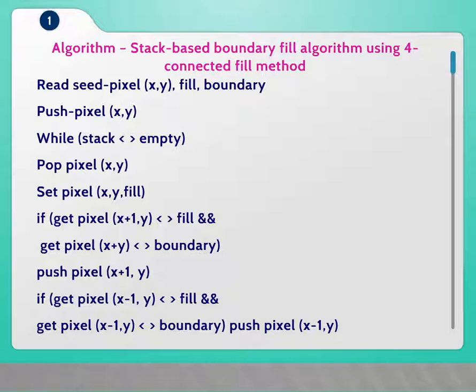push pixel x plus 1, y. If get pixel of x minus 1, y is not equal to fill and get pixel of x minus 1, y is not equal to boundary, push pixel x minus 1, y.